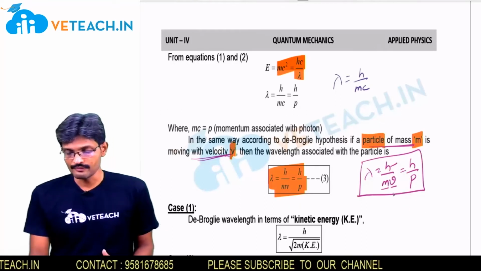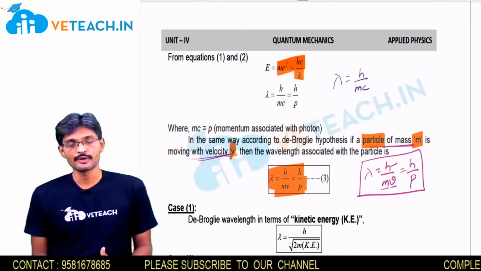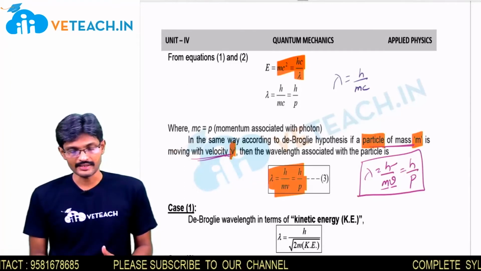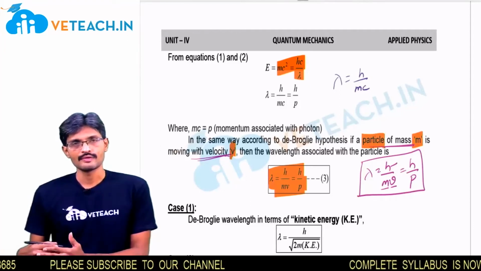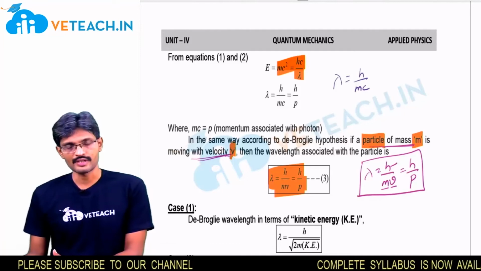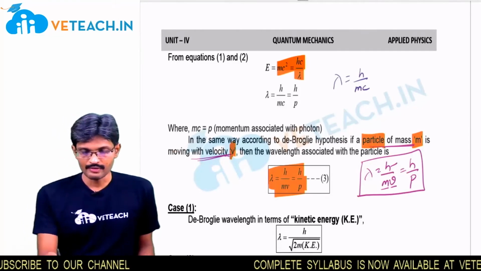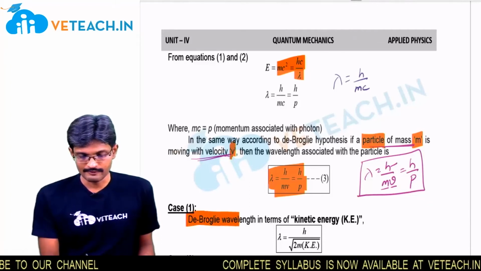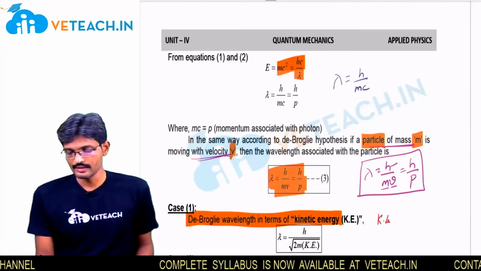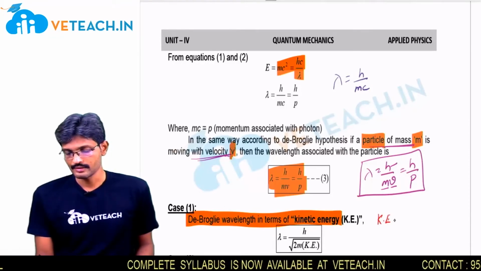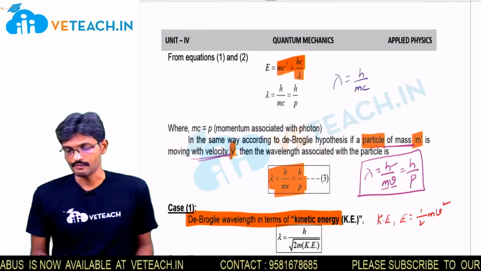If you extend this formula, we can get the expression for the de Broglie wavelength in terms of the kinetic energy of the particle, or the de Broglie wavelength of a particle accelerated by an external electric potential, and other terms. Extending the same idea, first the de Broglie wavelength in terms of kinetic energy. We know that the kinetic energy of the particle E is half mv².